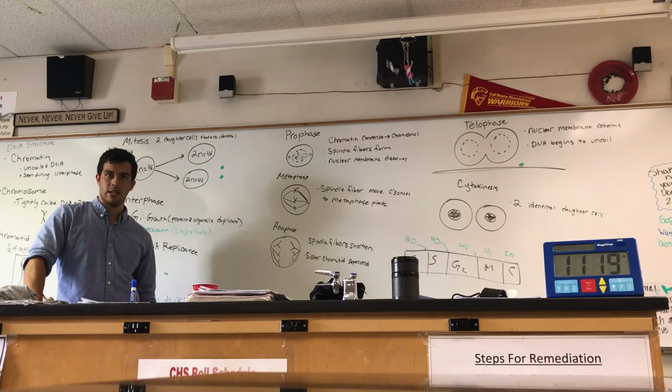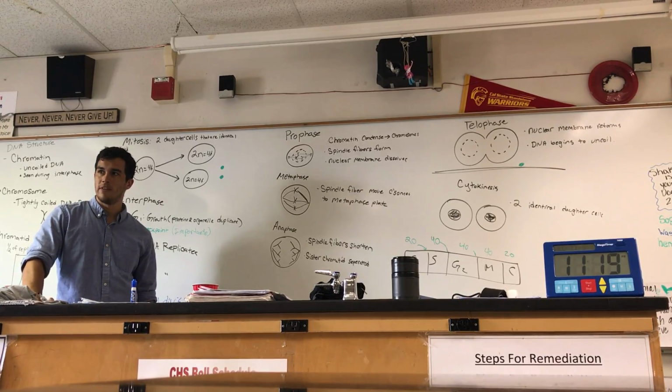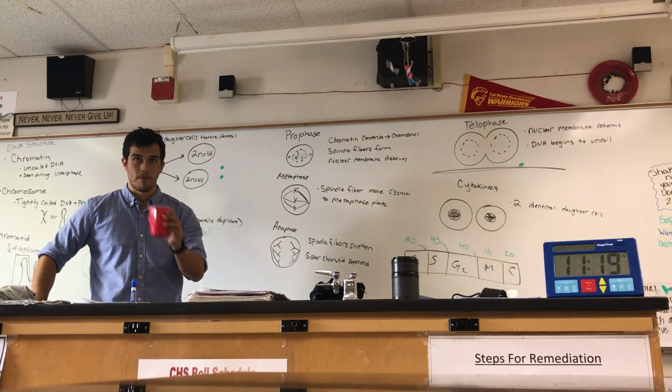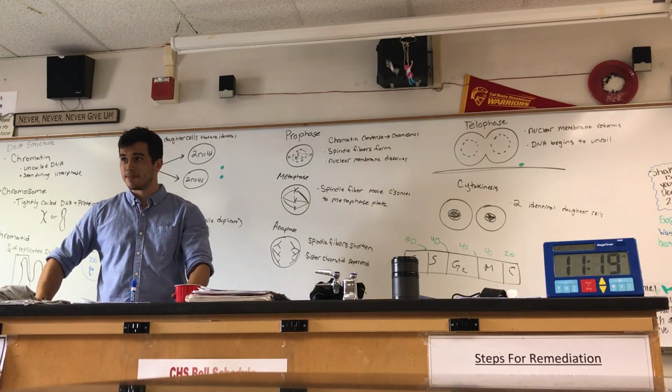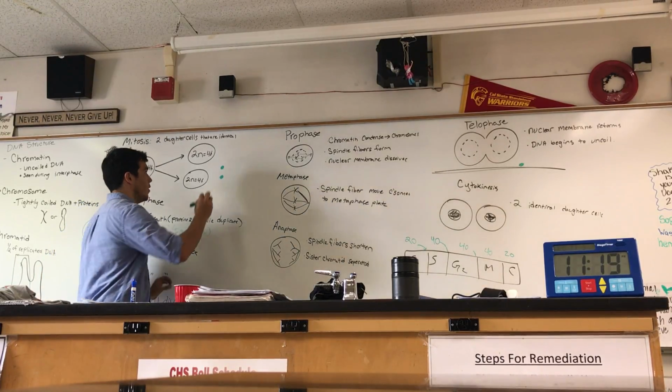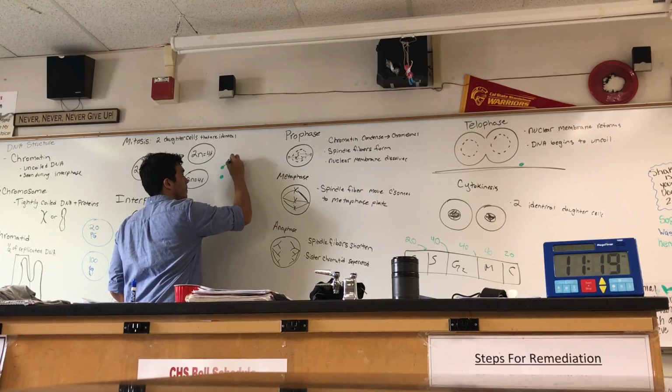How many cells would I have at the end of 72 hours, after 3 rounds of division? 8. What'd you say? It's 8.